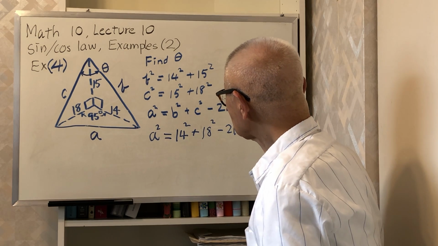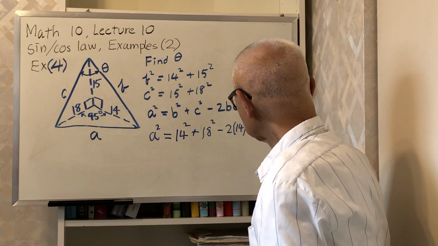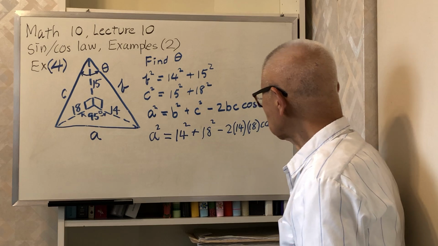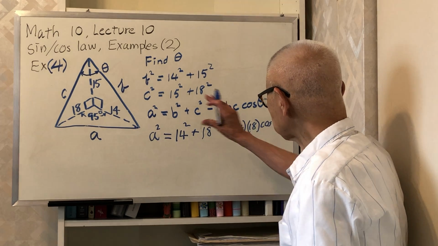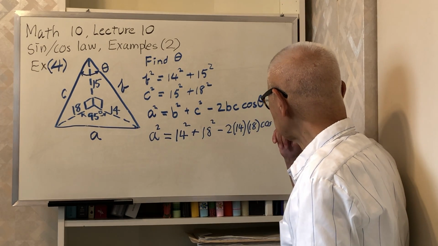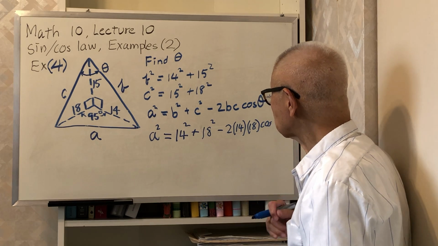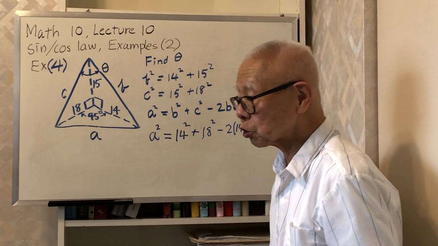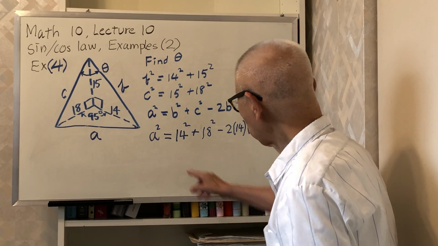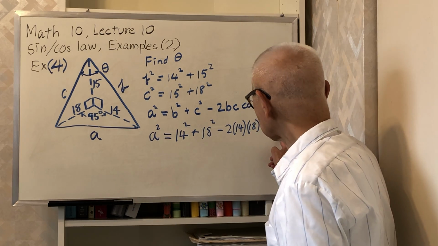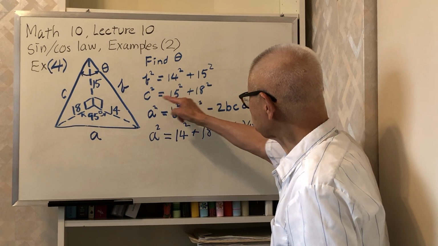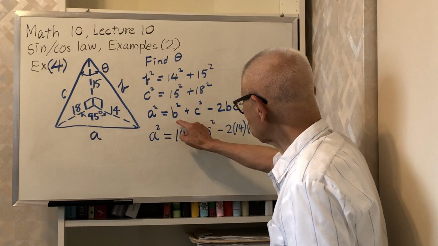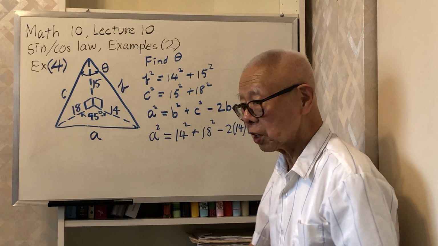Let me think. But the principle is so simple. You find A here, you find B here, you find C here, put A, B, C into here, and you can find theta.